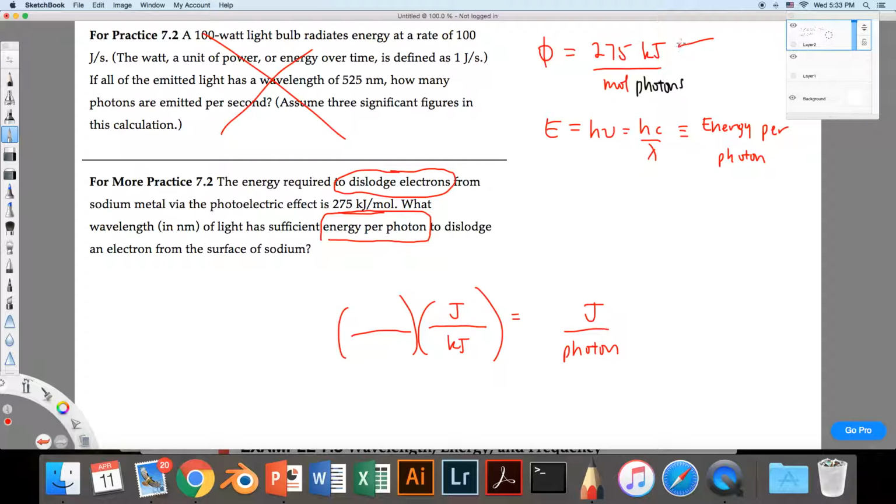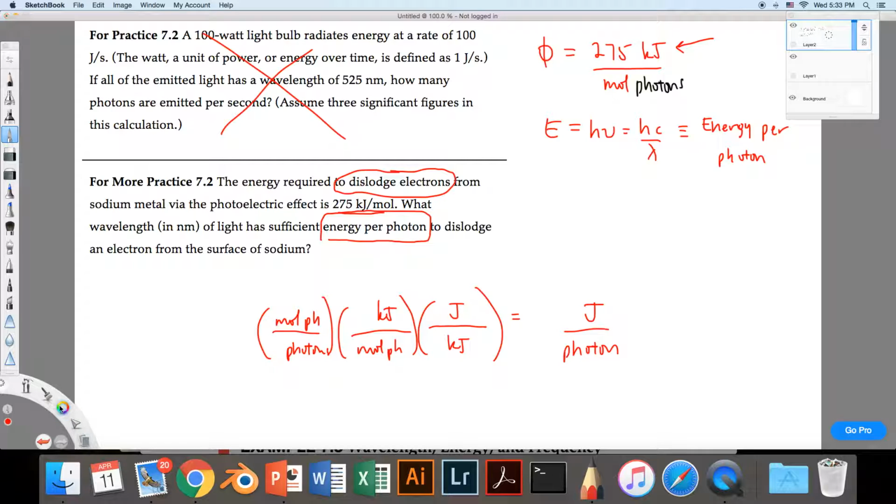Because I was given kilojoules up here. And I'll have kilojoules per mole of photons, right? I'm going to have mole of photons and photons.